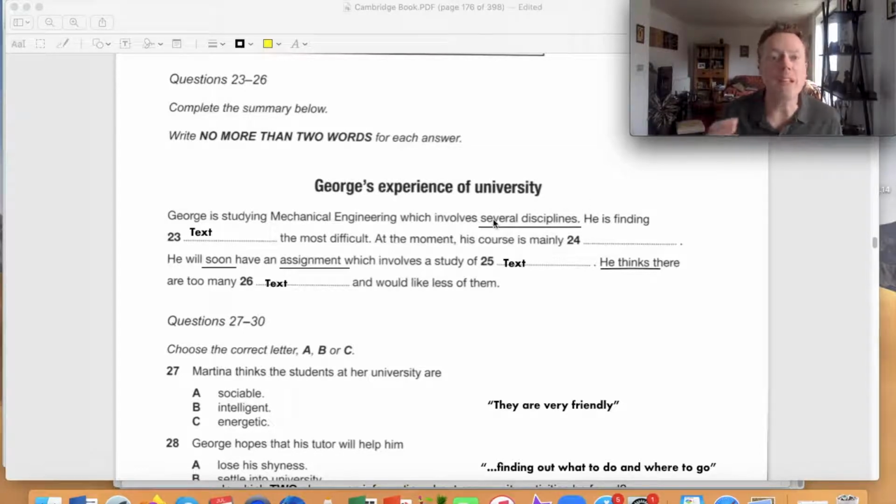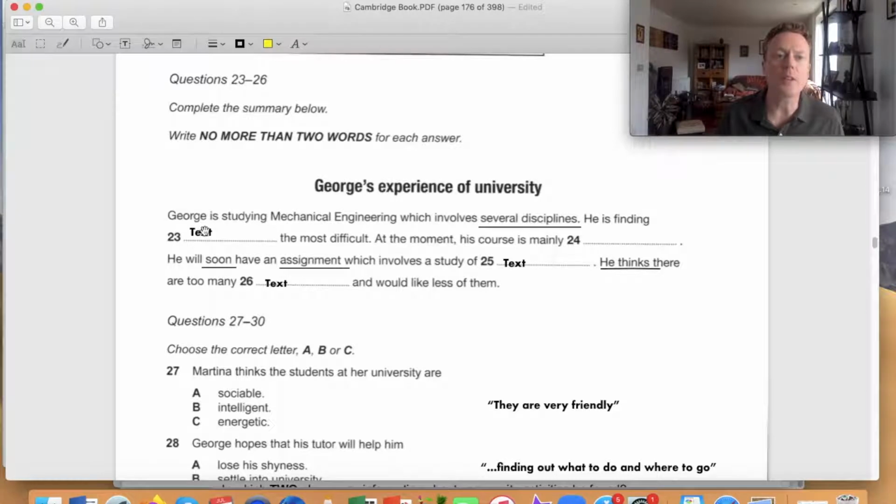Several means many, so he's studying many different subjects. So our answer is going to be a subject in his mechanical engineering. So that could be maths or physics. One of those, a subject that's in this course.